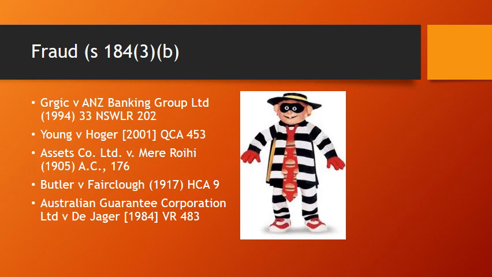Importantly, it needs to be the actions of the registered proprietor. What I mean by this is it can't just be a situation where there's fraud by somebody, because the section says very specifically an interest will lose the benefits of indefeasibility if there has been fraud by the registered proprietor or their agent.